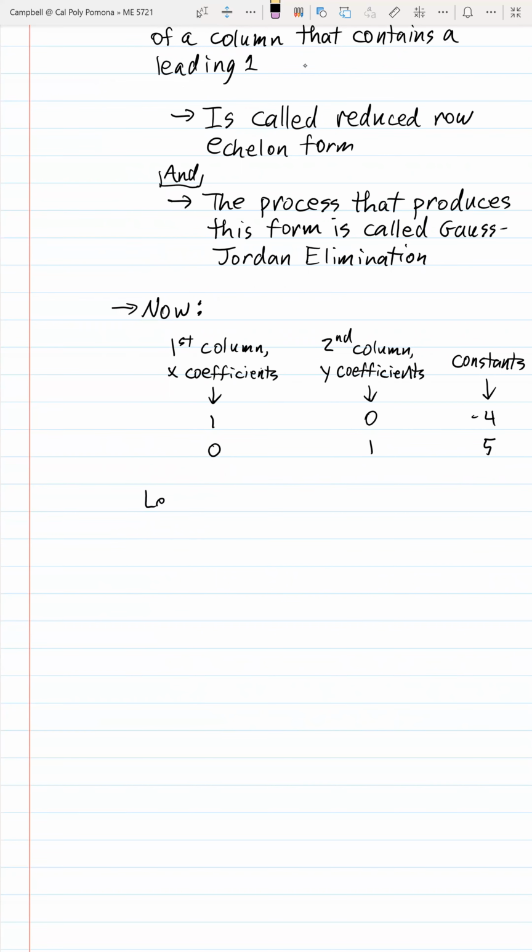This, of course, then leads to 1 times x plus 0 times y is equal to negative 4. And then we have, I'll go one line down, 0 times, no, not y, that would be bad. 0 times x plus 1 times y is equal to 5.